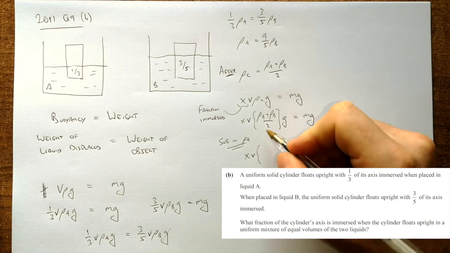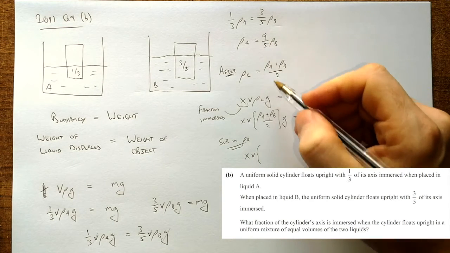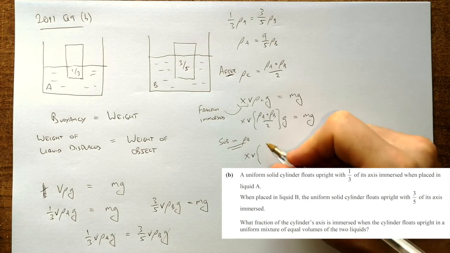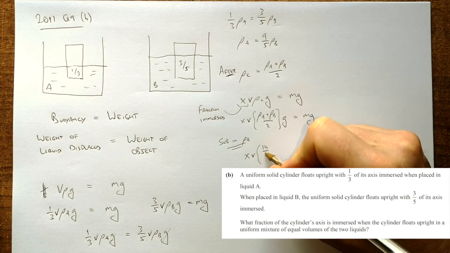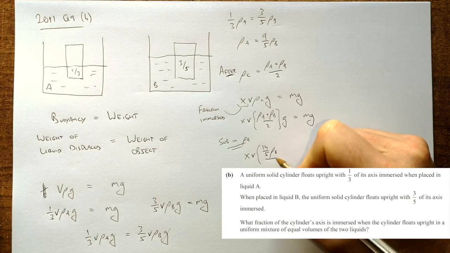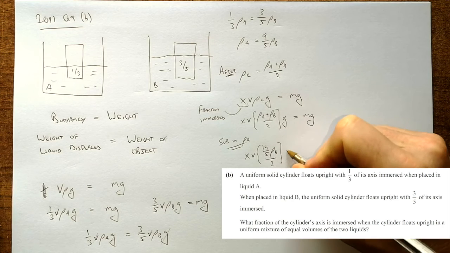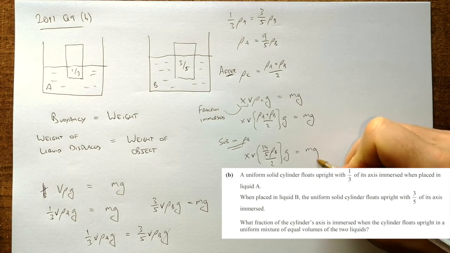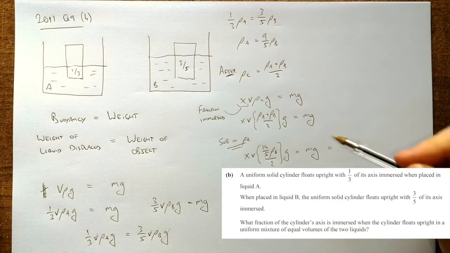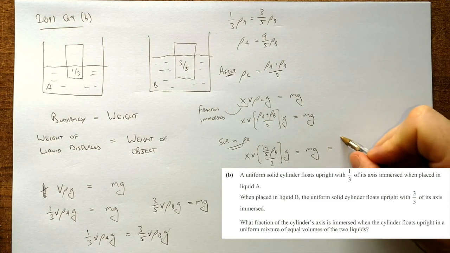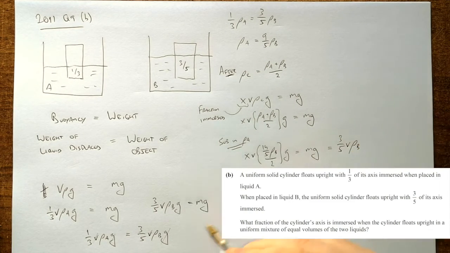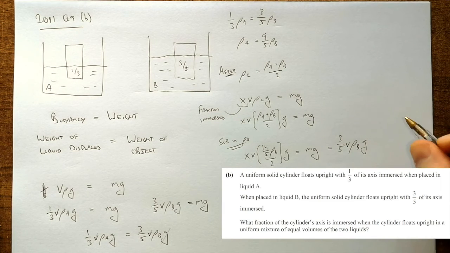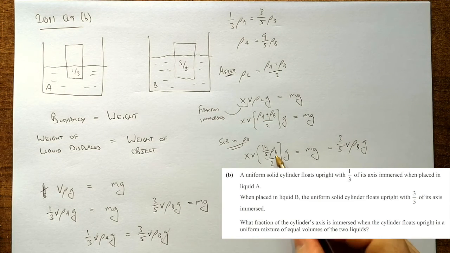So xV by (9/5 plus 1), so that's 14/5 rho B, all over 2, by g equals mg. Still the same object, so we can bring this over here: 3 over 5 V rho B g. And again, I'm choosing this one because I now have it all in terms of rho B.